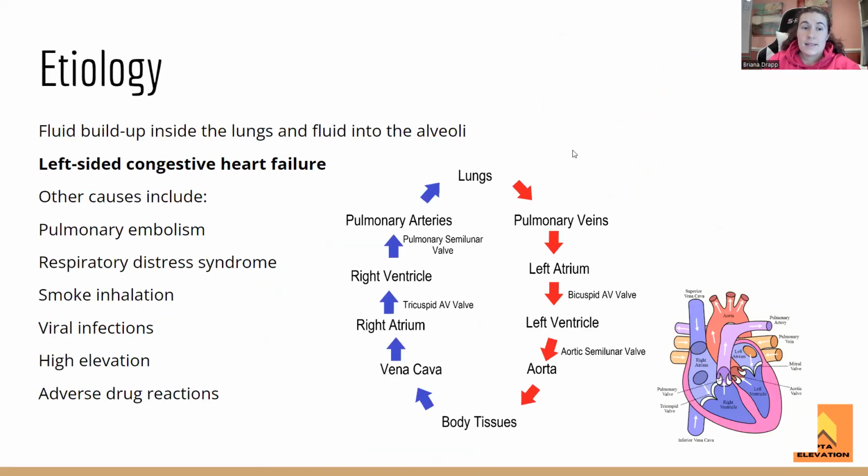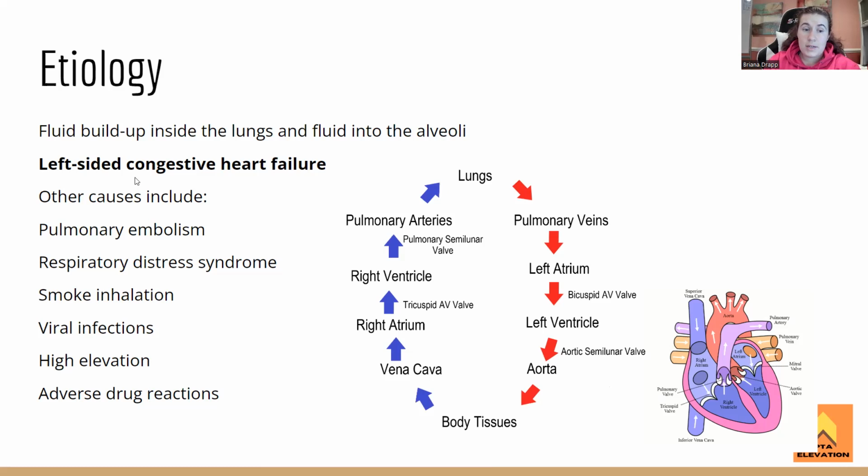Etiology of this, as I said before, is going to be a fluid buildup inside the lungs and fluid inside of the alveoli. We're going to see this primarily associated with left-sided congestive heart failure. That's why I have this bolded here, because that is pretty much the main cause of chronic pulmonary edema.